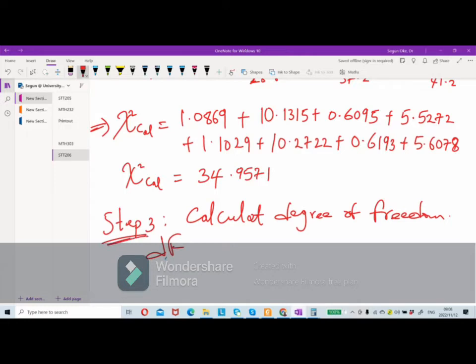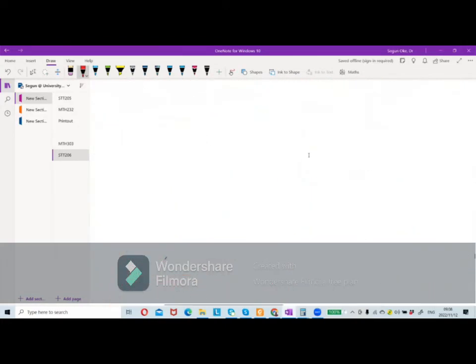It's the same thing as number of rows minus 1 multiplied by number of columns minus 1. So from the original question, let's go back to it.